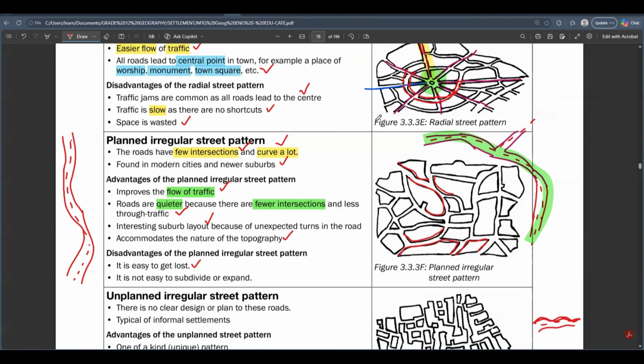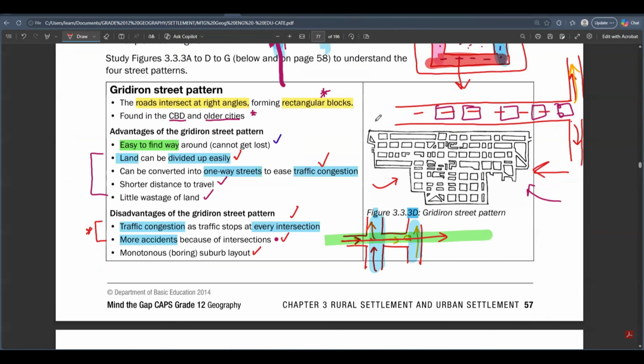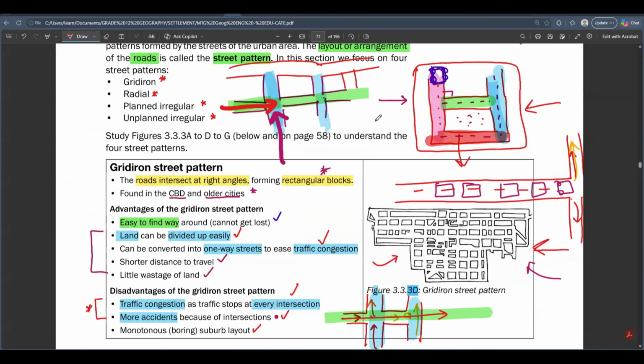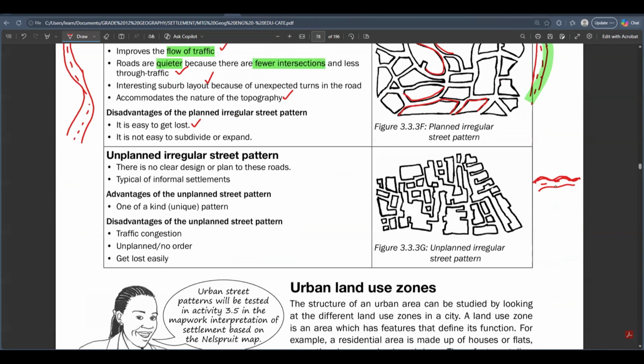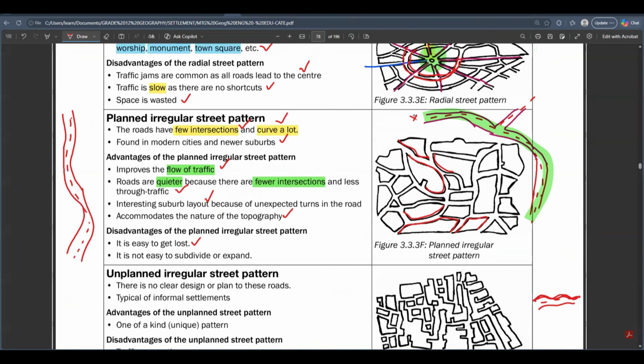But if you go to a gridiron street pattern, the roads are straight and they have 90 degree intersections. It's easier to trace where you came from and where you are going because the roads are straight. But if you go to such a place, there are many curves. You find that your road curves multiple times, and you cannot trace where you curved.